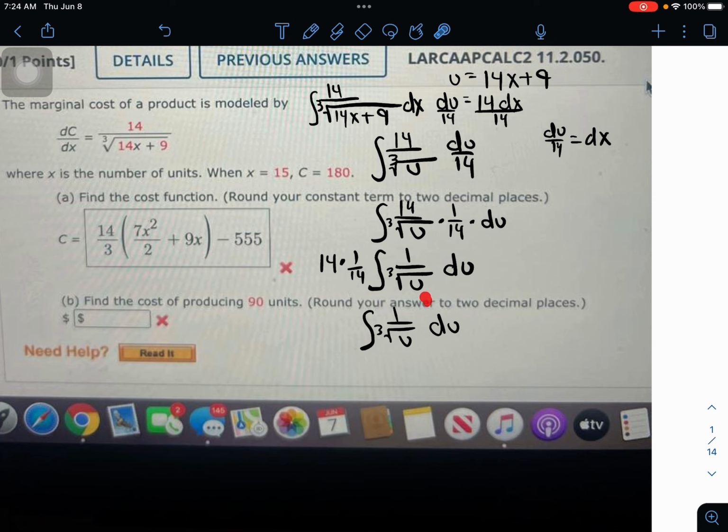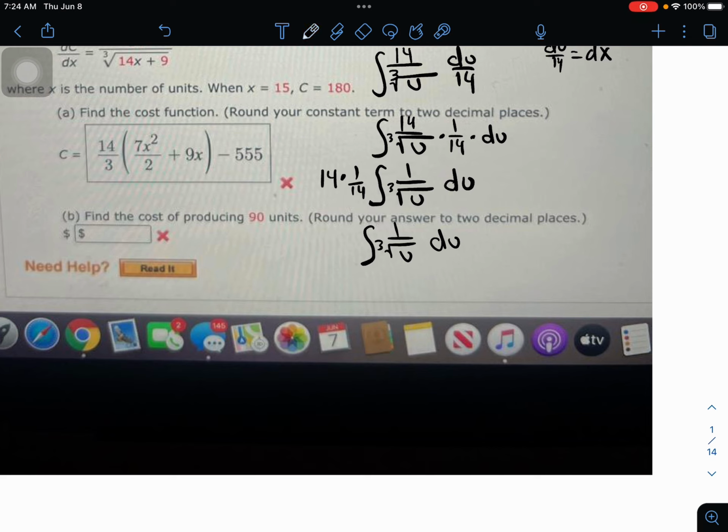So I'm going to take the integral of this function right here. And to do that, I can use the power property because I can rewrite this thing on the bottom as a power. I can rewrite that as a power. And here's how you do it. I'm running out of room here. Let me see.